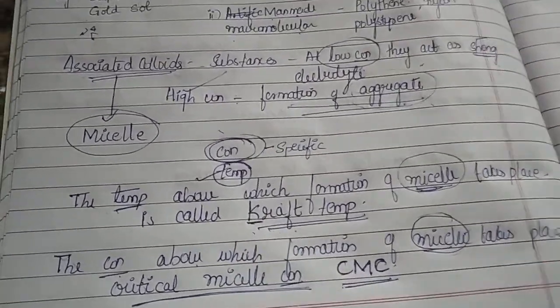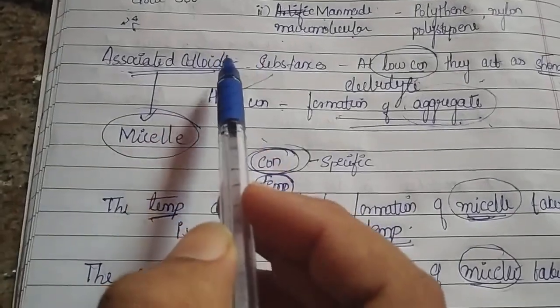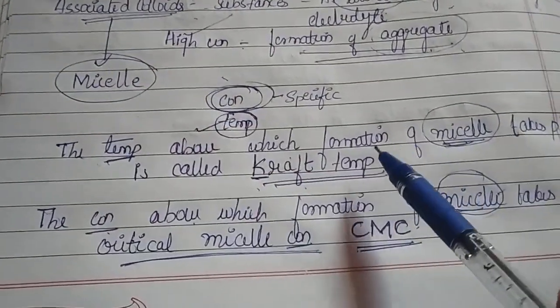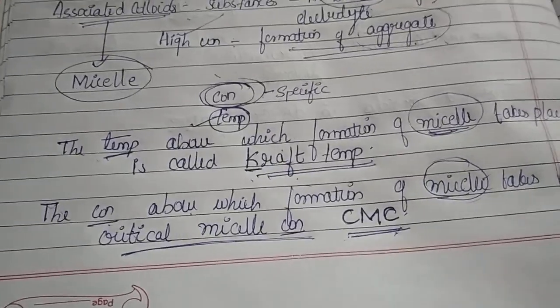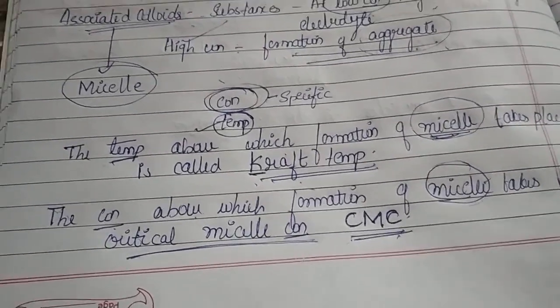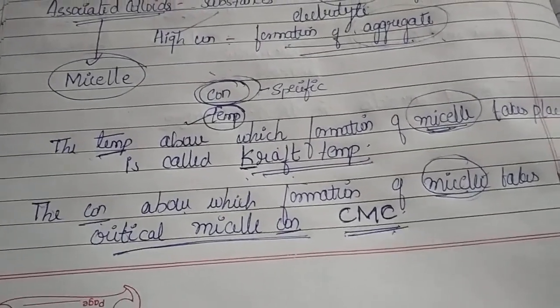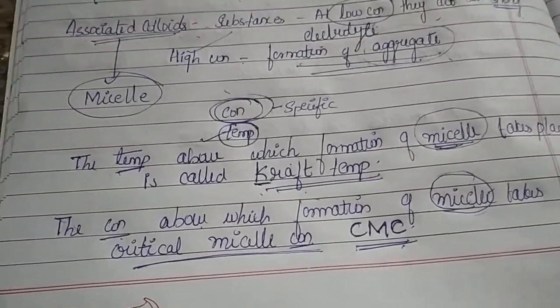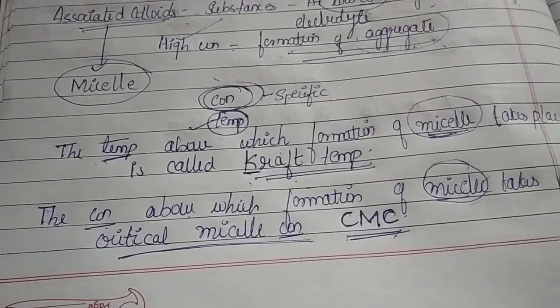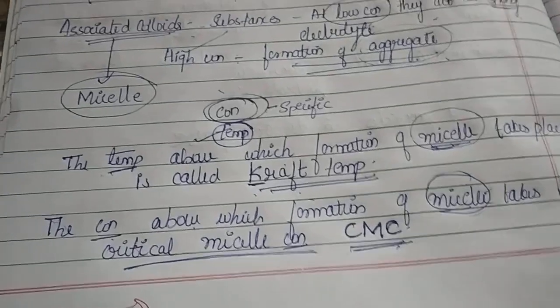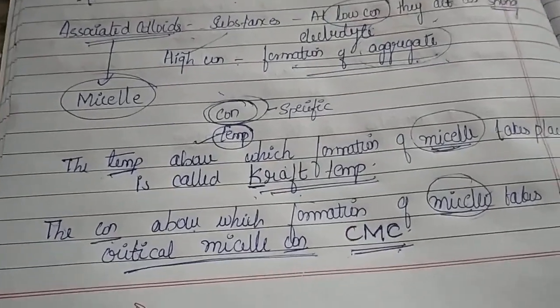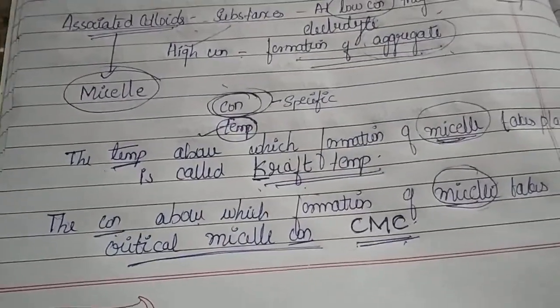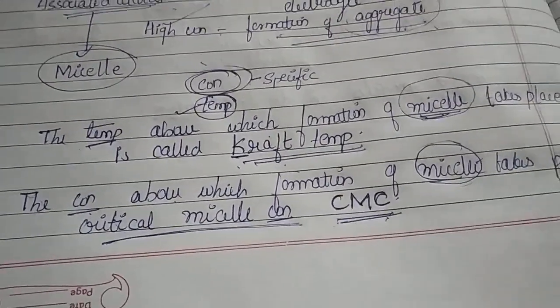So utilizing the definition of associated colloid, Kraft temperature and critical micelle concentration, we are going to first see how micelle formation takes place by using soap as an example. Once again I am repeating, now we are going to see how micelles form by taking soap as our example.